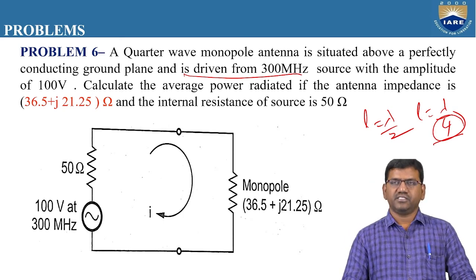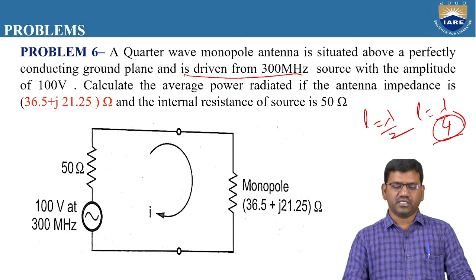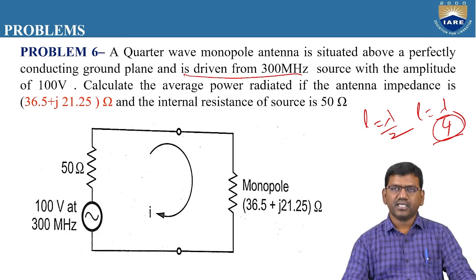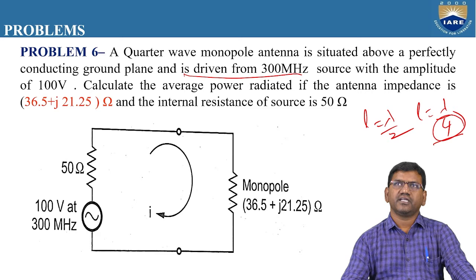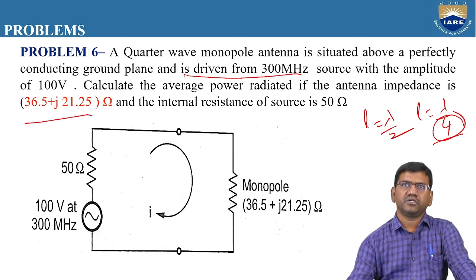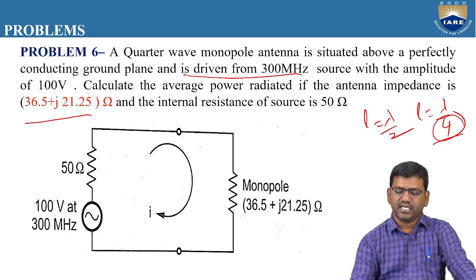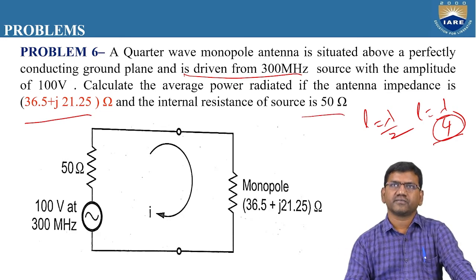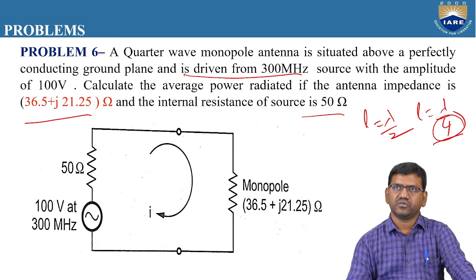It has an operating frequency of 300 MHz and the amplitude is 100 volts. Calculate the average power radiated if the antenna impedance is 36.5 plus j21.25 ohms and the internal resistance of the source is 50 ohms.